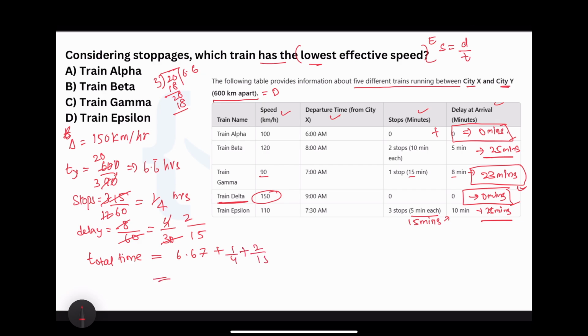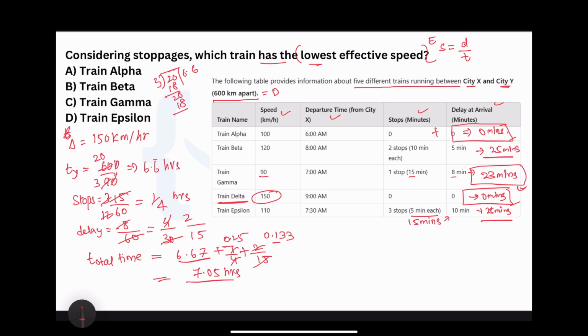If you do this, how much will you get? 1 by 4 gives 0.25, and 2 by 15 gives 0.133, isn't it? So if you just add it up, you will have 7.05 hours as total time.